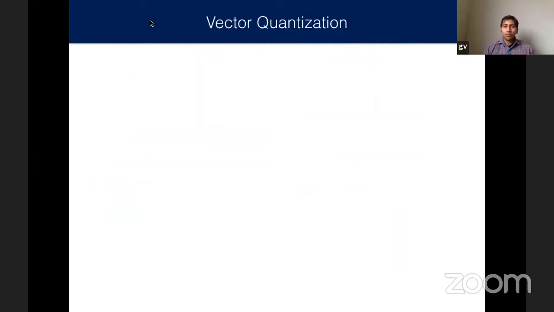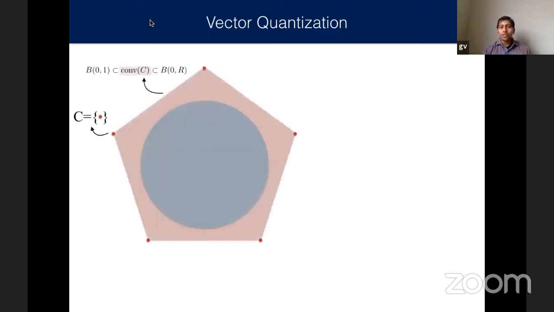Yeah, so we propose a very generic vector quantization scheme. So consider the unit ball. And in order to quantize any point within the unit ball, we pick a set of points. Let's say the point set is denoted by C, such that the convex hull of this point set contains the unit ball.